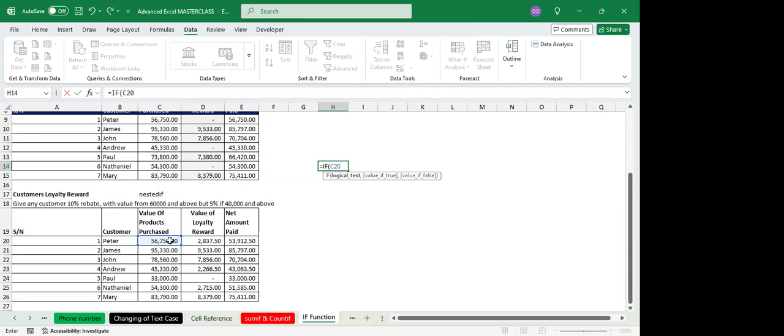So I'm going to say if this C20 is greater than or equals to 40,000. Sorry. I'm going to say if 40,000 is less than or equals to that, which is also less than or equals to 60,000. Okay.